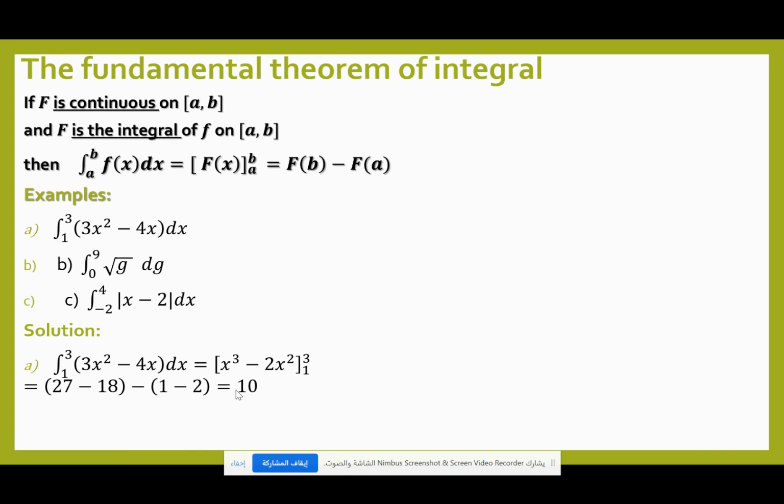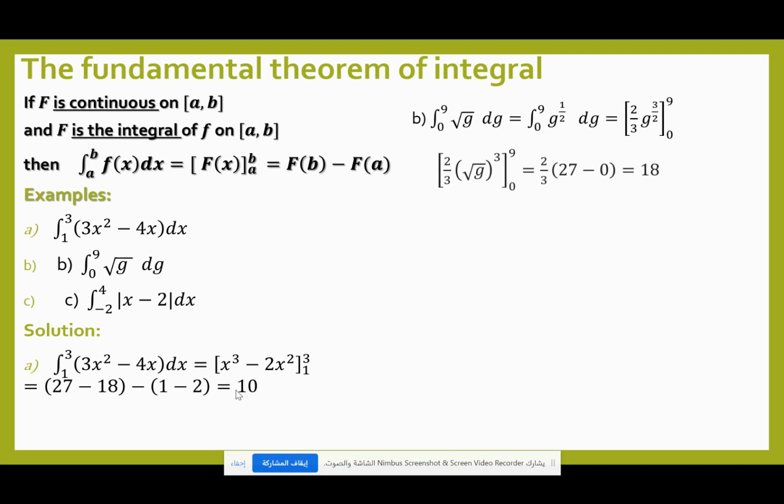And you can get the same value if you use the definition of the definite integral by using the limit and the summation. Let's now solve the second. The second is the integration from 0 to 9 of the square root of g dg. Look, we can change the variable from x to y to z to g, whatever the letter is.